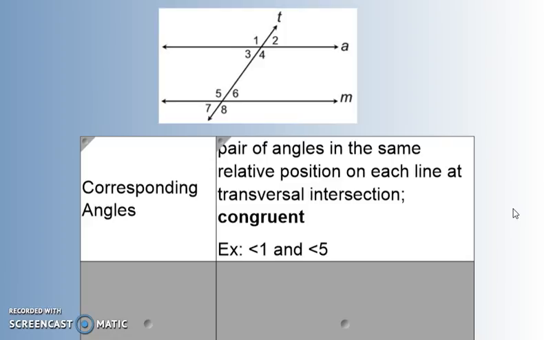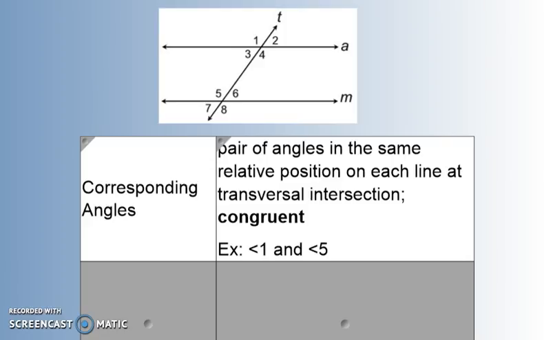So corresponding angles are in the same relative position on each line at the transversal intersection. And you want to also remember that corresponding angles are congruent. So we're looking at where the transversal crosses the two parallel lines, and we're going to have our angles be in the same spot.